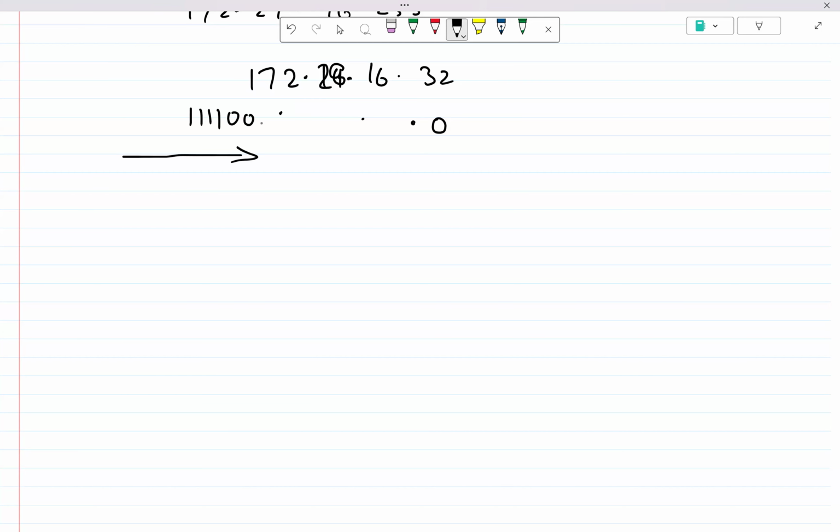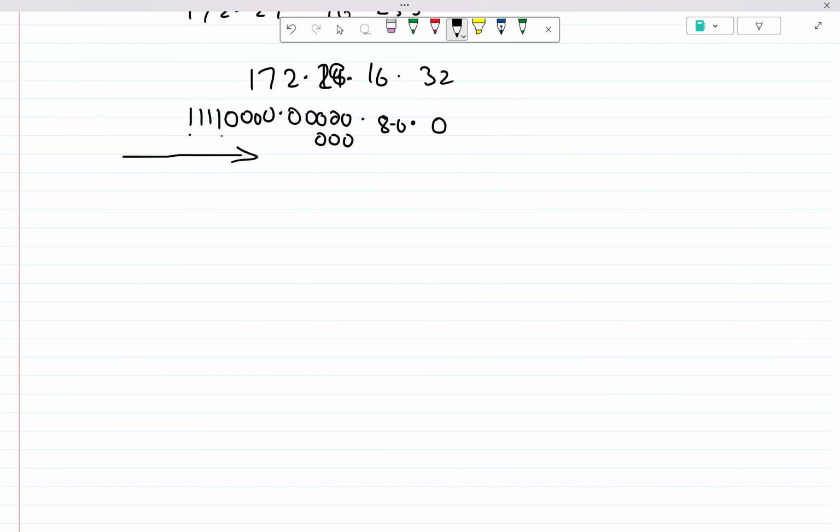The rest are zeros. These are 8 zeros. 1, 2, 3, 4, 5, 6, 7, 8. And here also there are 8 zeros. Okay. You may find such an IP address also, or an address mask also.